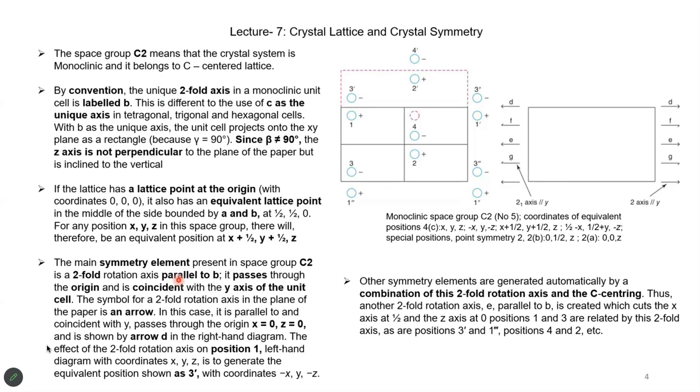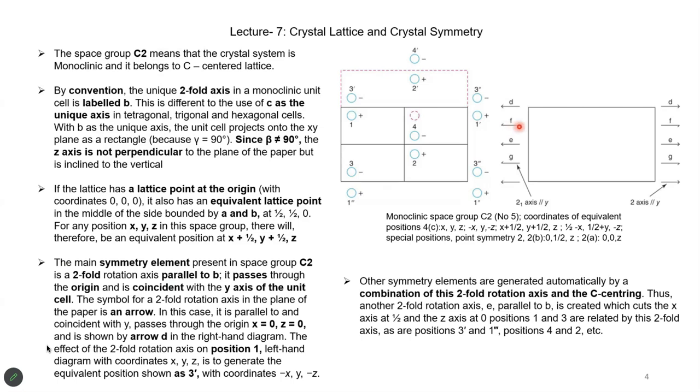When we rotate this twofold symmetry, we will see that other symmetry elements are automatically created. In this case, there is a twofold screw axis, represented as a half arrow.